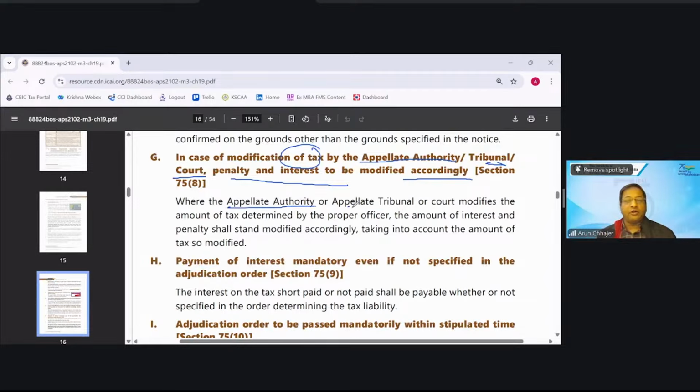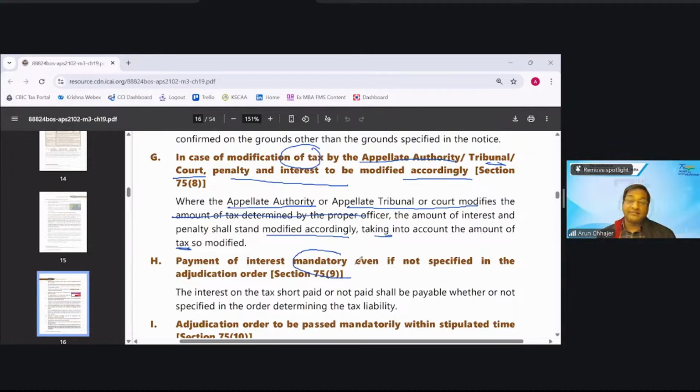Where the appellate authority, appellate tribunal or the court modifies the amount of the tax determined by the proper officer, the amount of interest and penalty shall stand modified accordingly, taking into account the amount of the tax so modified. Section 75(8) says that if a tax amount is modified, automatically its interest and penalty components will change even though it is not specified. Suppose your order is 1 lakh plus interest plus penalty, and the basic amount of 1 lakh changes to 80,000, then correspondingly interest and penalty will be changed.